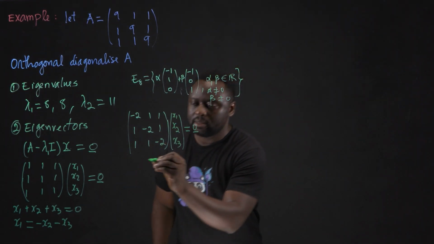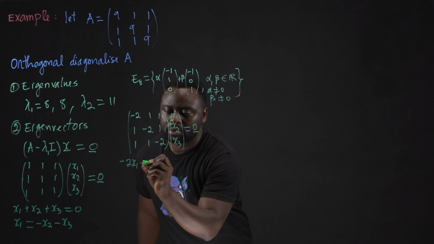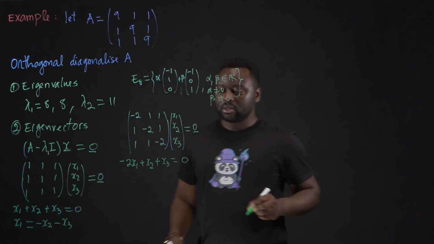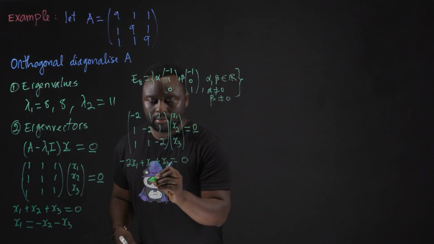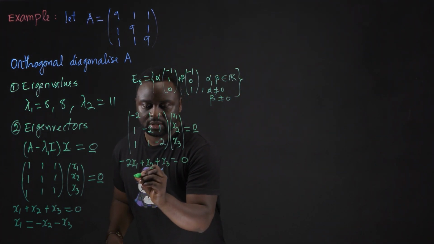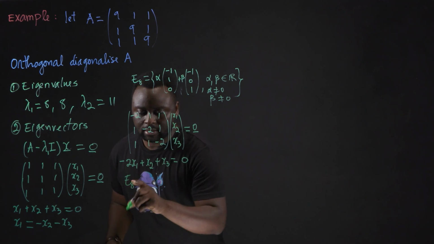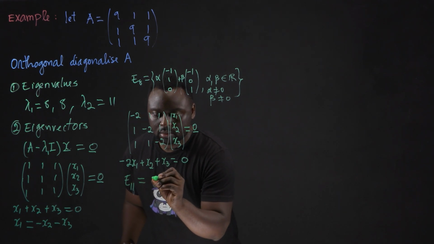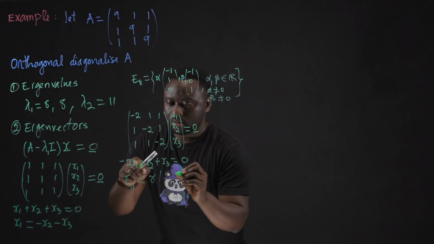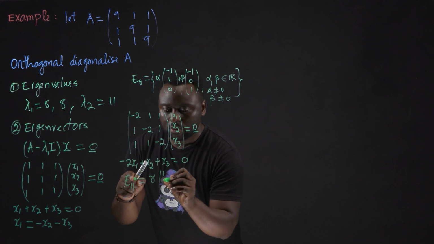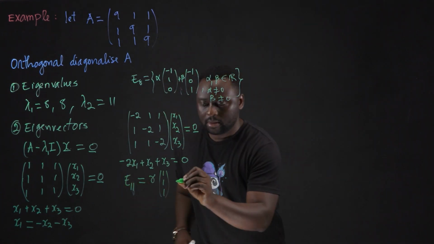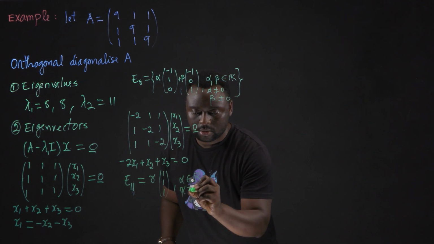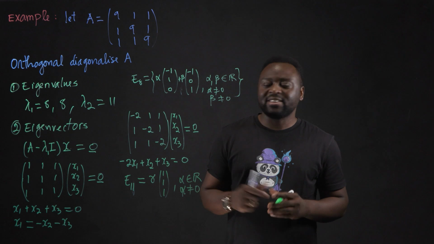If you multiply this out, you have minus 2x1 plus x2 plus x3 equal to 0. So the eigenvector is gamma times 1, 1, 1, with gamma real and different from 0. This is what we have.